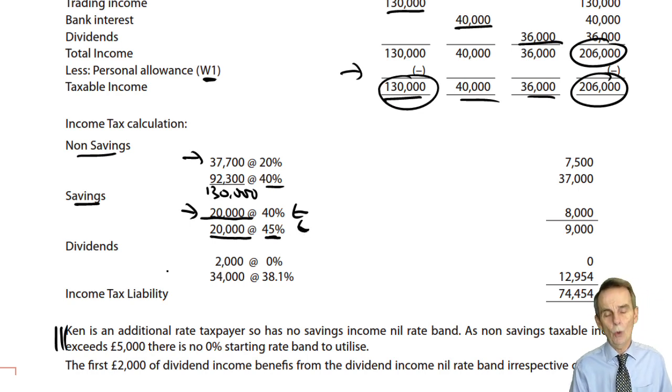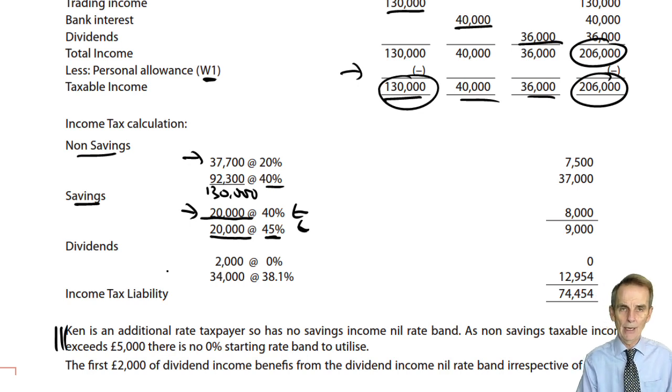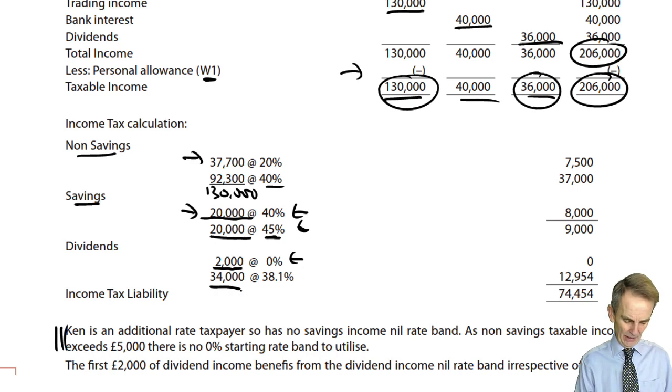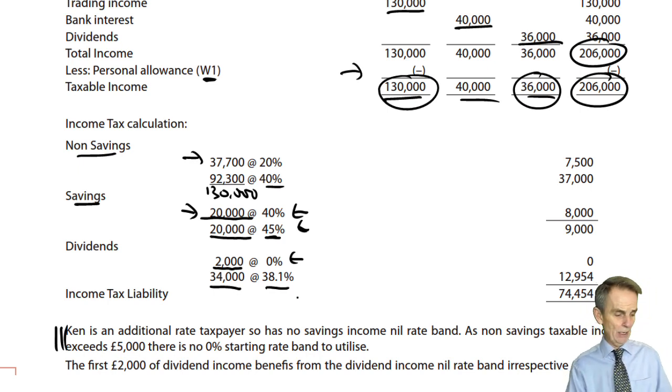Dividend income, you always get the dividend income nil rate band. It doesn't matter what level of taxpayer you are, it is there as of right. It is 2,000 and therefore at 0%. That's 2 out of the 36, leaving 34,000 to be taxed at, yes, that rather strange rate, but you're putting it through a calculator anyway.